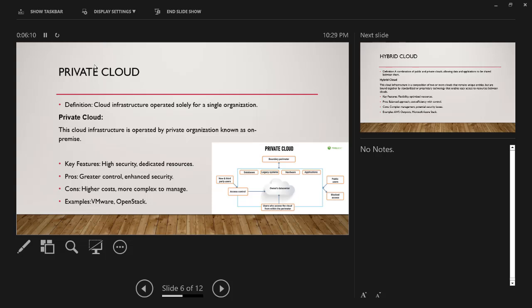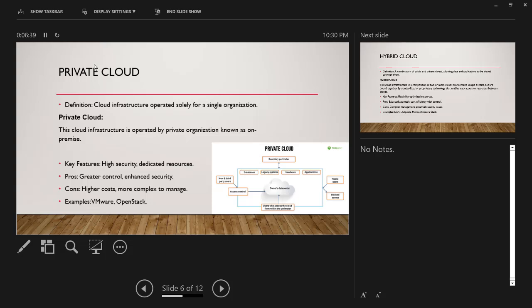Now, if you look at the architecture, you'll notice that in a private cloud system, the database, the legacy system, the hardware and applications are all bounded by a boundary perimeter. So it means that you have access and you can control every resource in the data center inside that boundary perimeter. If a public user tries to access your private cloud, they don't have access because they are blocked.